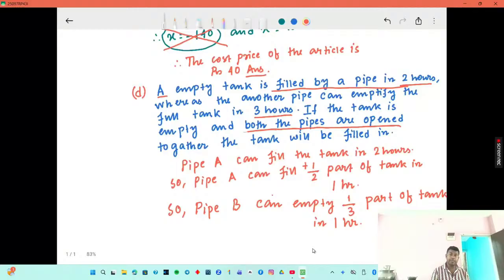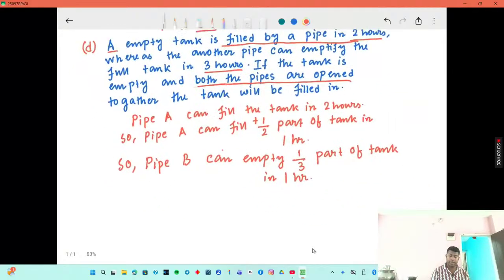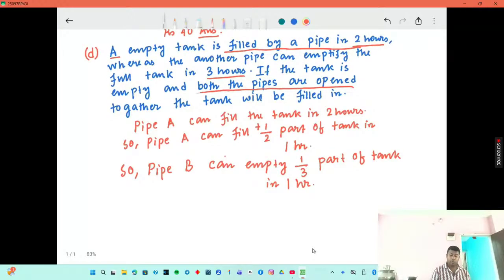Now I will tell you another concept. Pipe B is used to empty the tank, meaning pipe B is used to decrease the value of the tank. When we are decreasing the value of something, that part should always be negative.